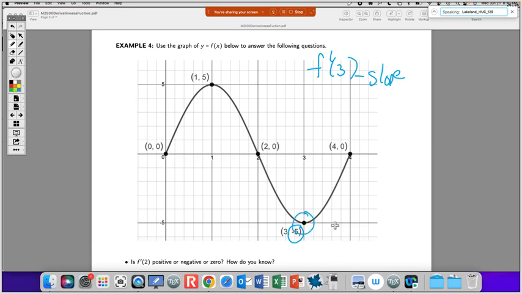So what do you think the slope is there? 0. It looks like the slopes are negative and then they change to positive. So the slope here is 0. So f prime of 3 is 0 because it looks locally what? Locally horizontal or locally flat. Make sense or not, folks?